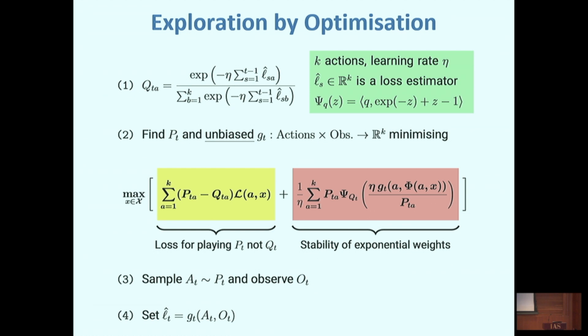We are still going to rely on exponential weights. So everyone kind of knows exponential weights. You estimate the losses, and once you have the loss estimates, you exponentiate them, and then that creates a probability distribution after normalization. And usually here we just rush and try to play from that distribution. Here we're going to do something else. We're going to say, okay, let's just not rush this so much.